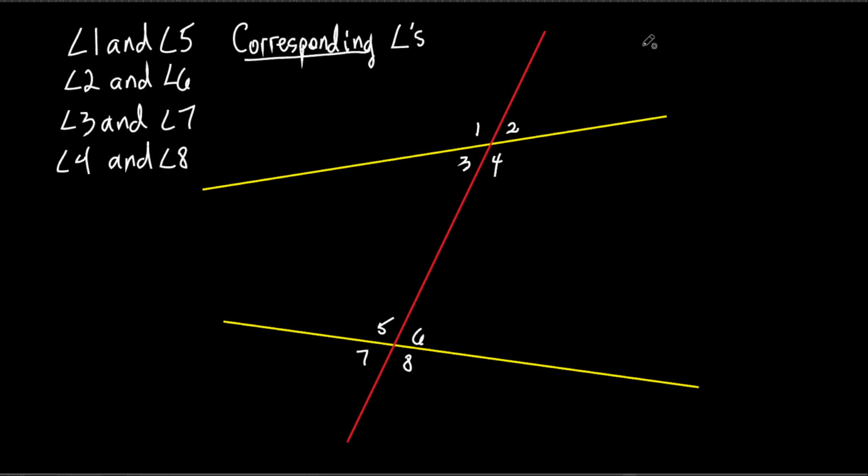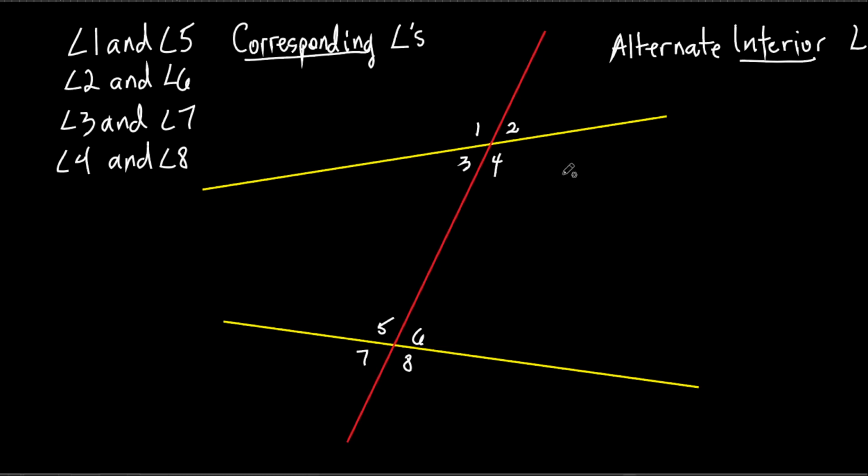Let me show you some other angles. And I'm just going to write down what they are, and then I'll show you this. So the next one is alternate interior angles. I'll talk about this in a second. All right, so I'm going to list the pairs. There's only 2 pairs of alternate interior angles. Let's take a look at that word interior first.